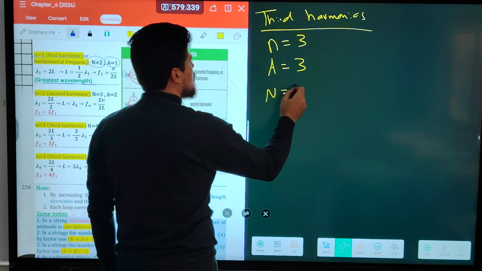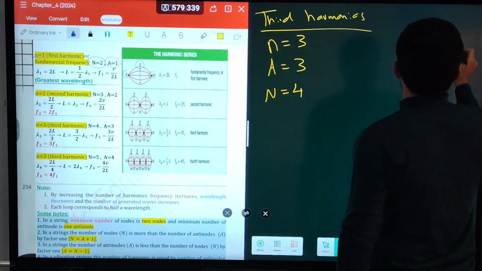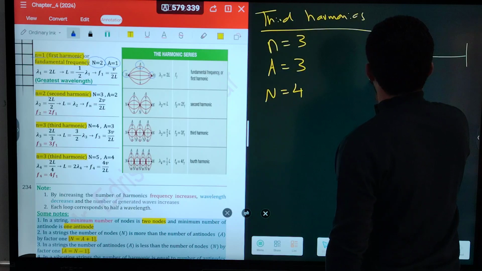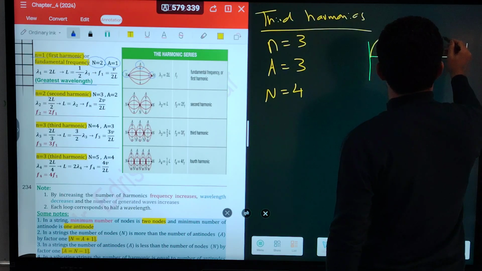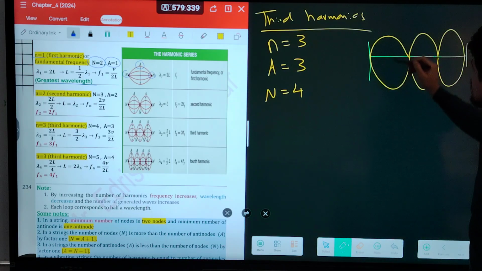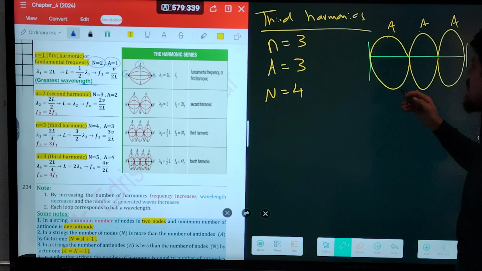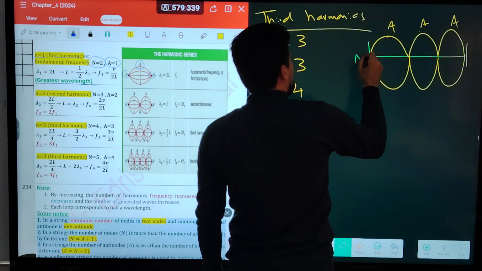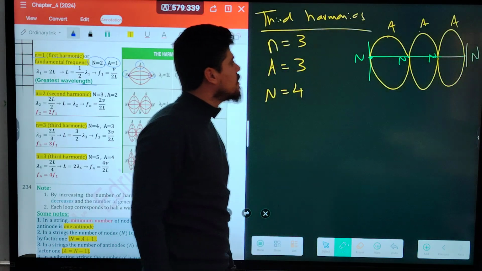If we have 3 antinodes, it means that we have 4 nodes. Okay? Draw the figure. 1, 2, 3. 3 antinodes and 4 nodes. This is an antinode. 1, 2, 3, and 4.